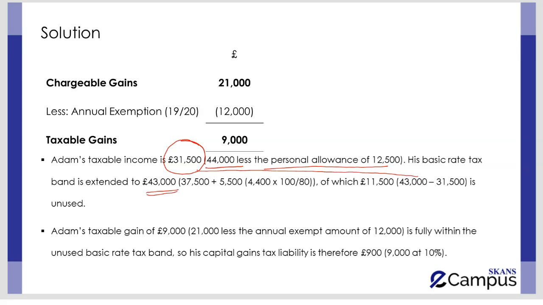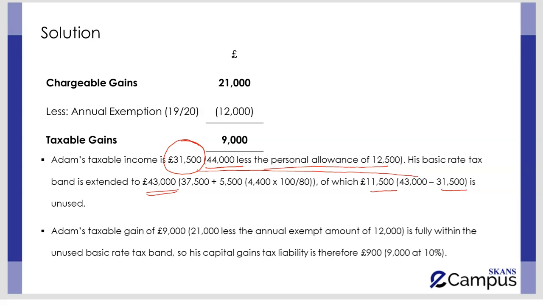As the revised limit of the basic rate band is £43,000, out of which taxable income will be utilized first, we come to know that there is still £11,500 available in the basic rate band, which is to be used by the taxable gains of Adam made in this tax year of 19/20.